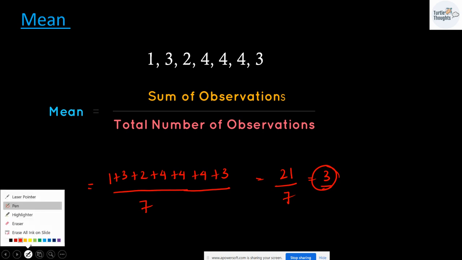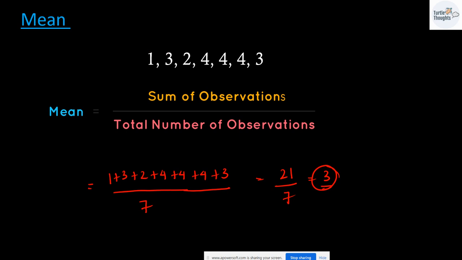If I have to write a formula for mean using summation, I can represent mean as x dash. Mean can also be written as x dash, which is equal to 1 divided by n, summation of i equals 1 till n of xi.